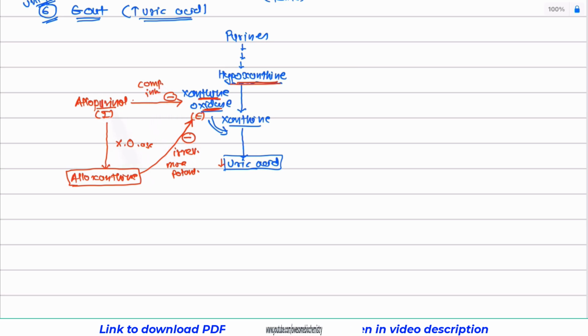But by binding of allopurinol with xanthine oxidase, allopurinol itself gets converted to alloxanthine, which is a more potent and irreversible inhibitor, right? So here xanthine oxidase converted a less potent and reversible inhibitor into a more potent and irreversible inhibitor. So here we can say that xanthine oxidase itself is doing suicide.